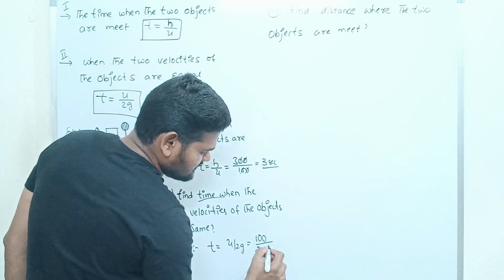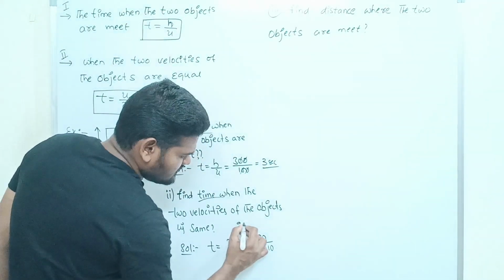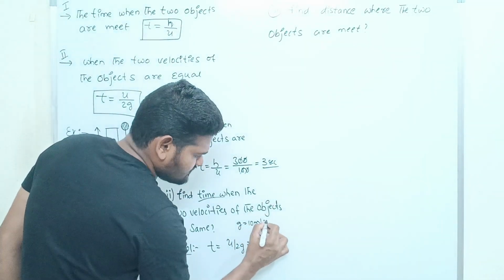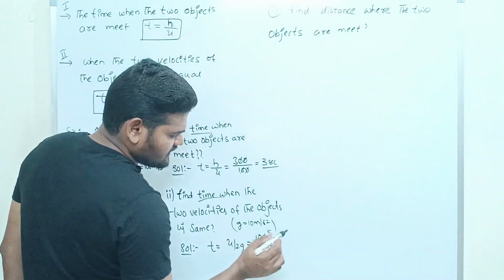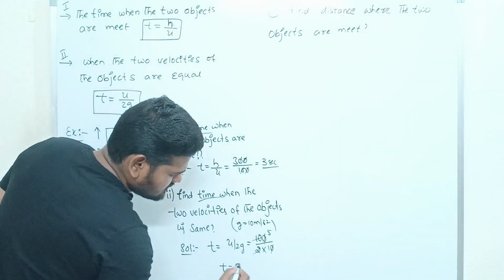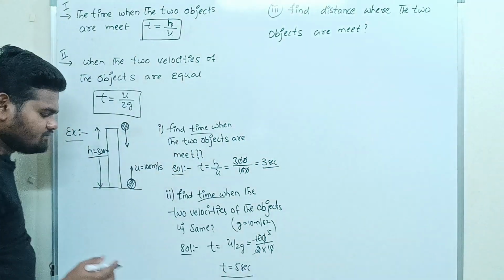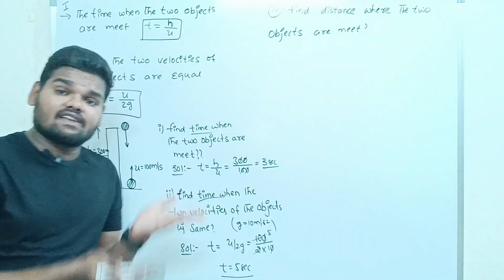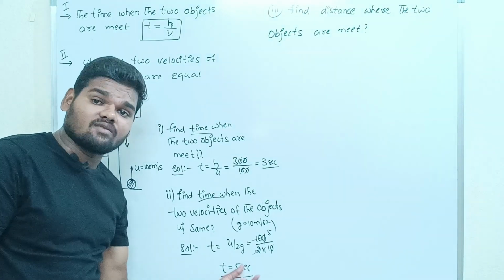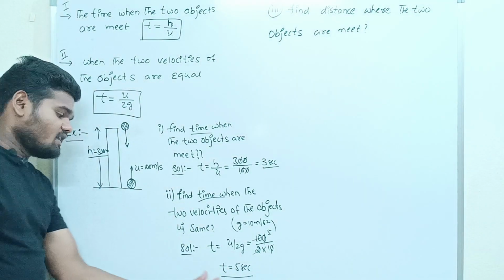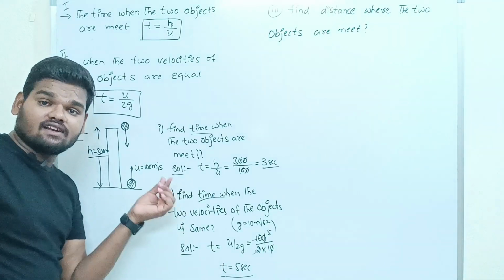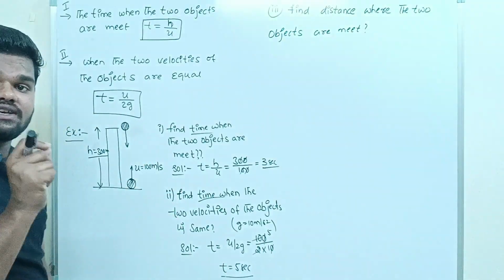I am taking 10. So g is equal to 10 meter per second square. The 10s cancel, 2 ones are 2, 5 twos are 10, so t is equal to 5 seconds. After t equal to 5 seconds, the two velocities of the objects become the same.